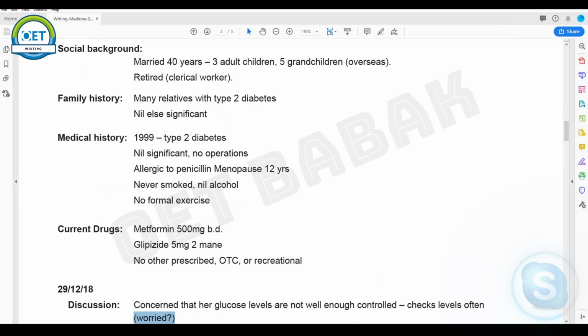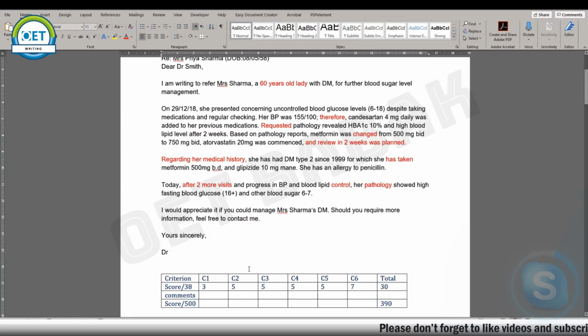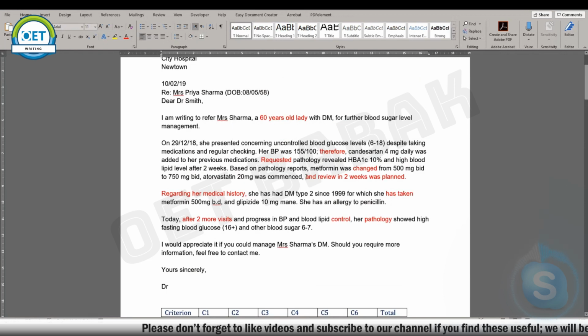Excellent. So, the answer to your question, what should we do with the several entries? Does that really change your management plan? No. That's why we wouldn't need to put that a review was arranged or planned.